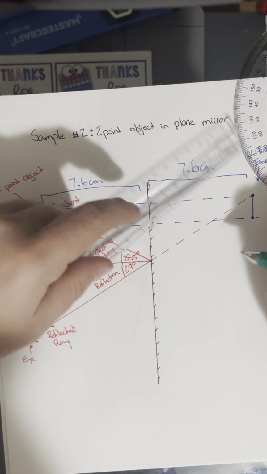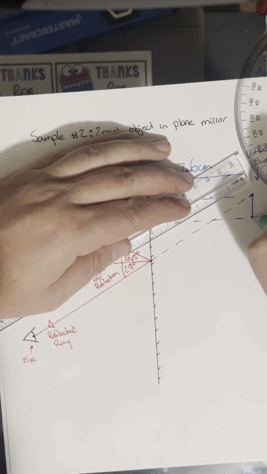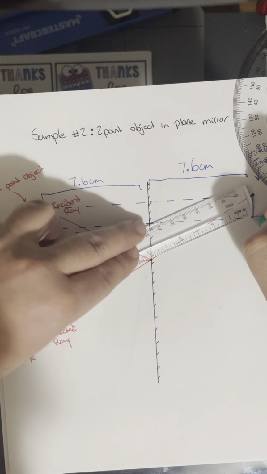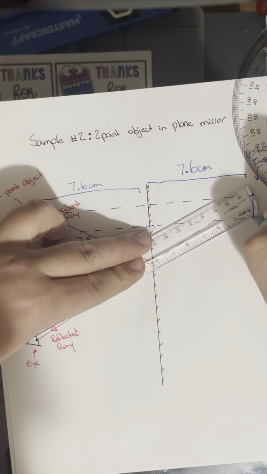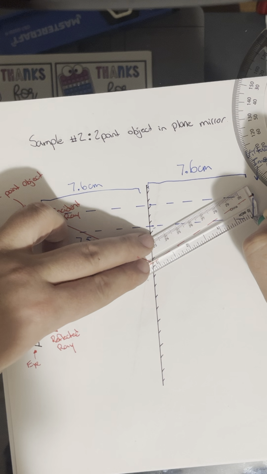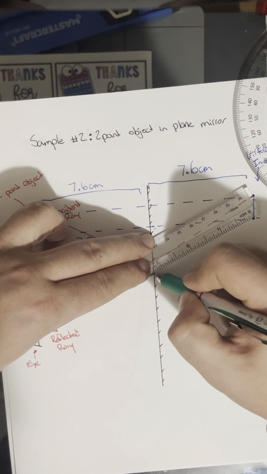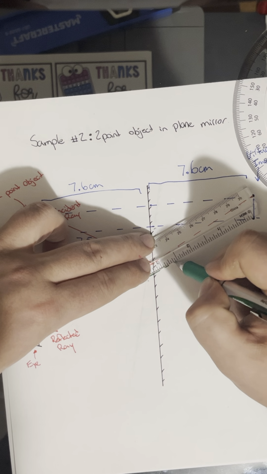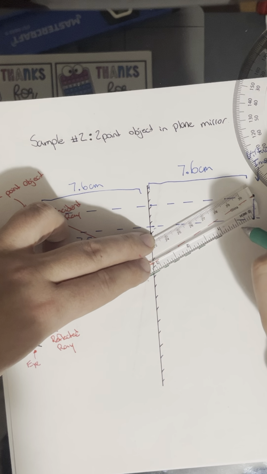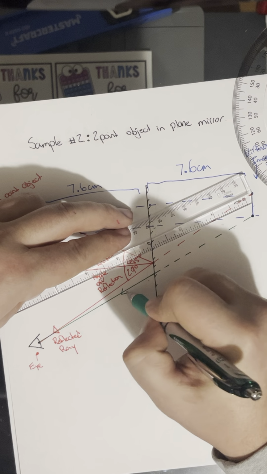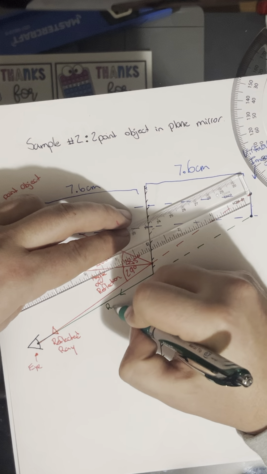So again, taking my ruler, going from the bottom point now into the point where we are going to intersect the eye, I'm going to run a perfectly straight line there. Remember, behind the mirror, it is a dotted line. Once again, this is my reflected ray.